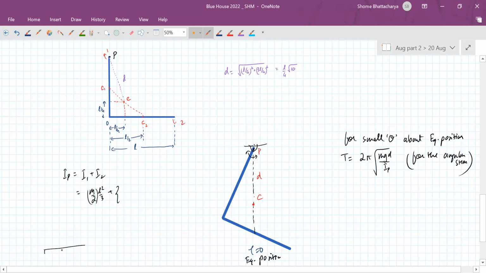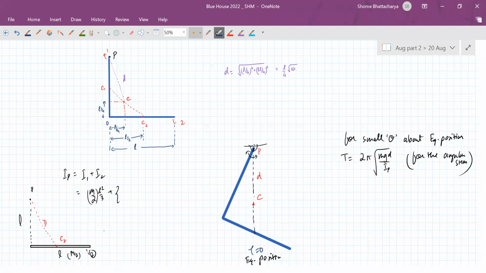For the second half rod, it will be moment of inertia about its own center plus its mass into D square by parallel axis theorem.